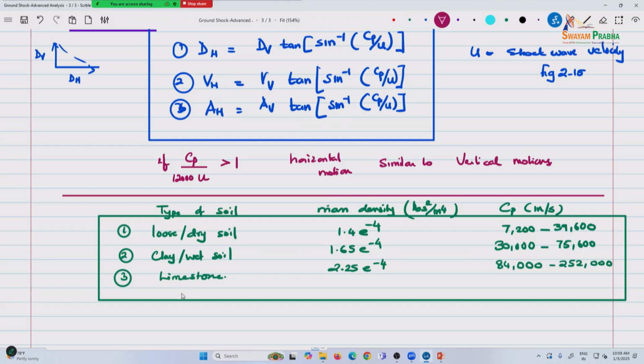For compact, if you have coarse, it even goes higher, coarse or compact soil, this depends, but the numbers can go somewhere in between. Quite often you are in the middle.